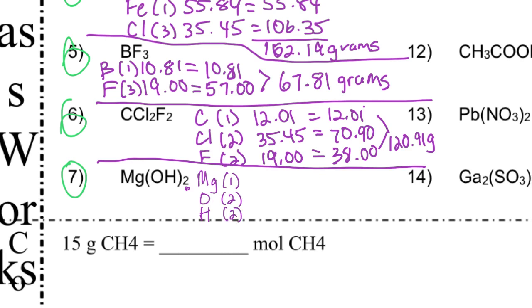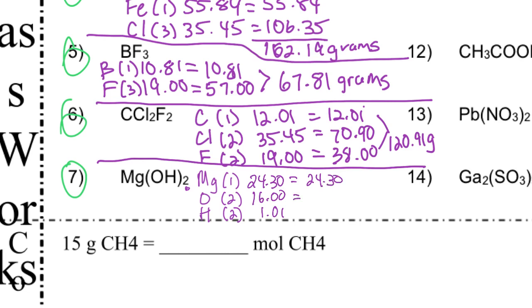So magnesium, oxygen is 16.00, and hydrogen is 1.01, which means I'm going to have 24.30.